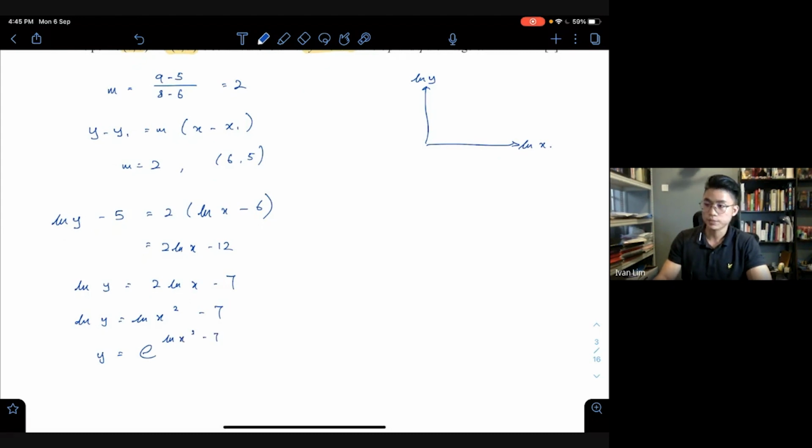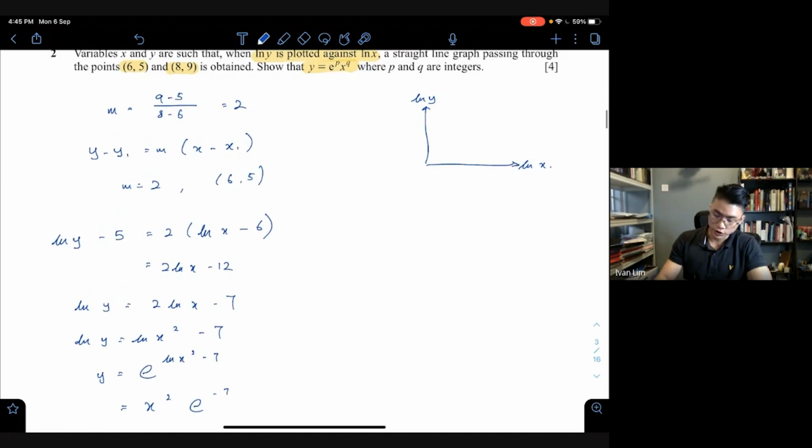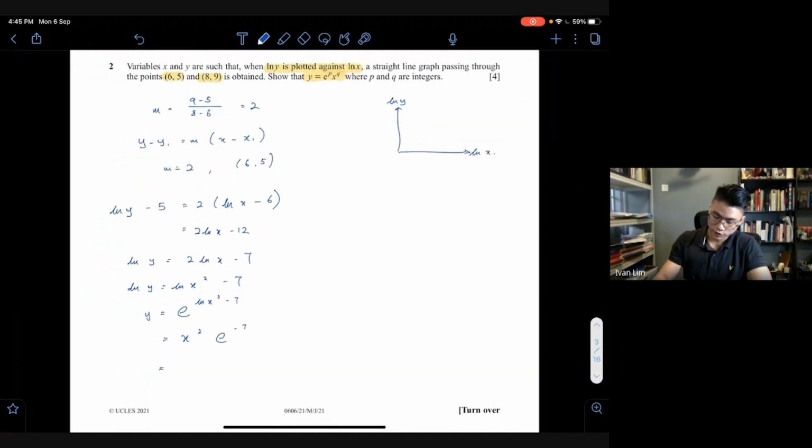This whole thing is the power. So e to the power ln x squared can actually be written as x squared, then e to the power of negative 7. Then I just flip it because they want to put e first, right? They want to put e first, so e to the power negative 7, x squared. So this is your final answer.